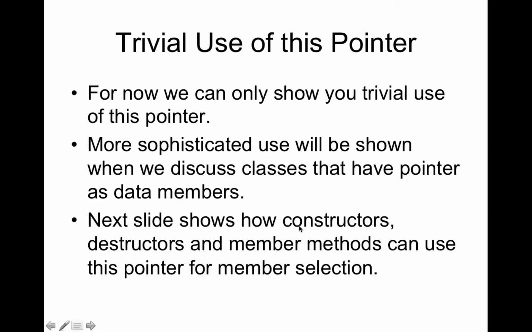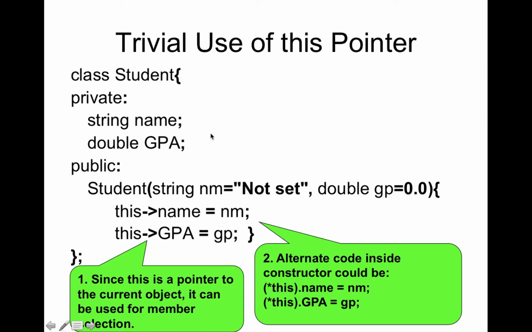So next slide shows how constructor, destructor, and member functions can use this pointer for member selection. So let's say I have class student, and it has 2 private data members, string type name, double GPA.